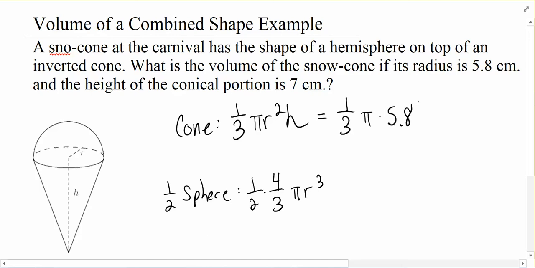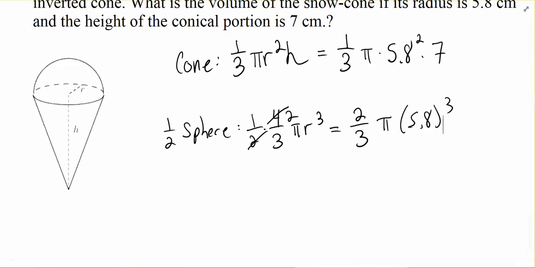So we have 5.8 squared. And the height is 7. Now as far as the half of a sphere, 4 divided by 2 is 2. So we have 2/3 pi. And then our radius is 5.8 cubed.